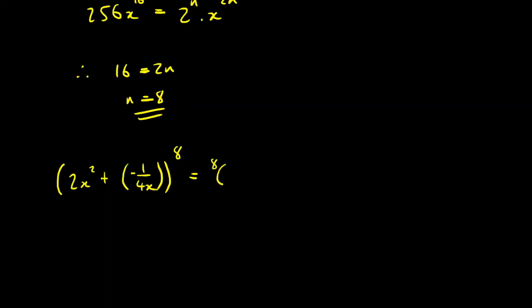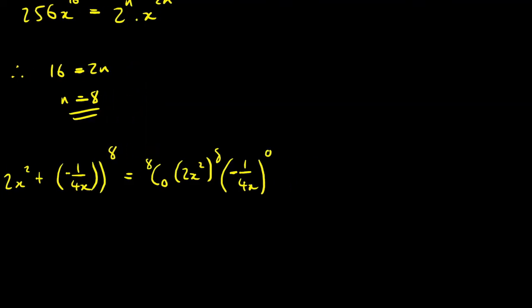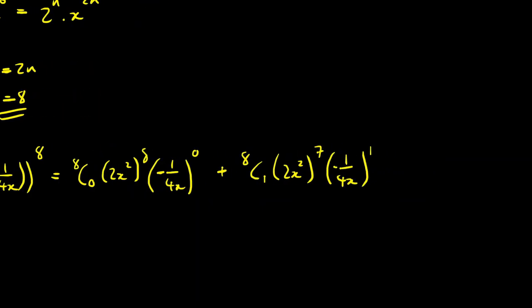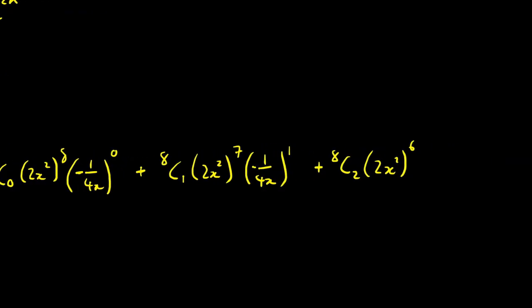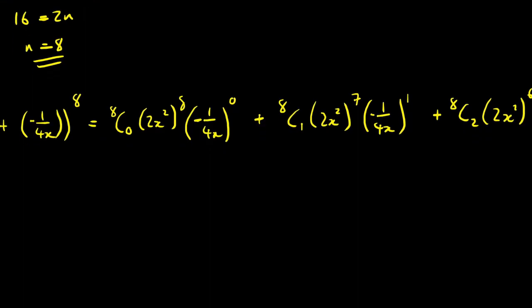So 8c0, (2x²) to the power of 8, and then (negative 1 upon 4x) to the power of 0, plus 8c1, (2x²) to the power of 7, (negative 1 upon 4x) to the power of 1, plus 8c2, (2x²) to the power of 6, (negative 1 upon 4x) to the power of 2, plus... Okay. All right.